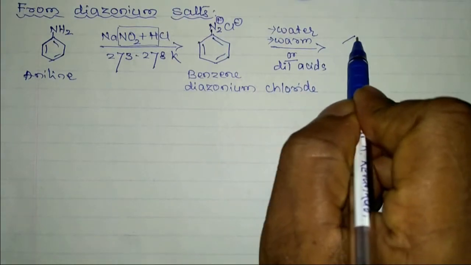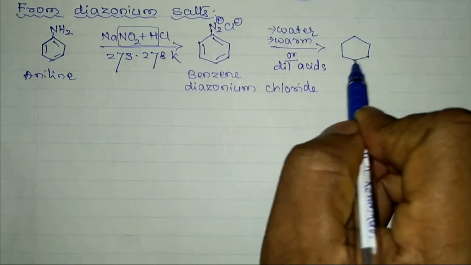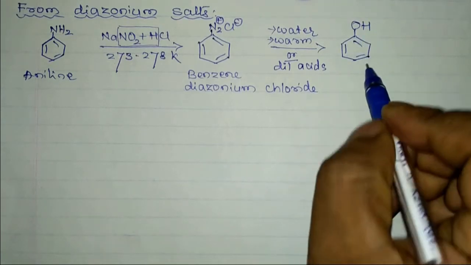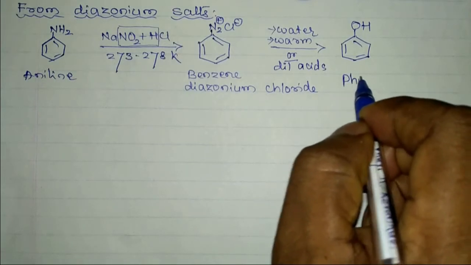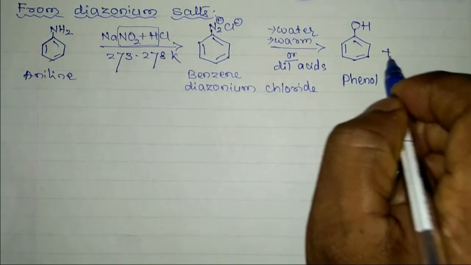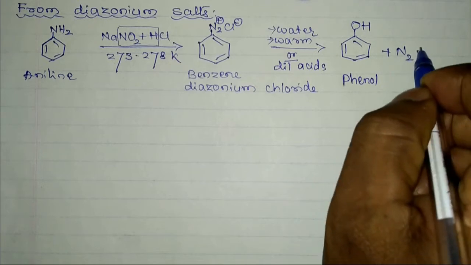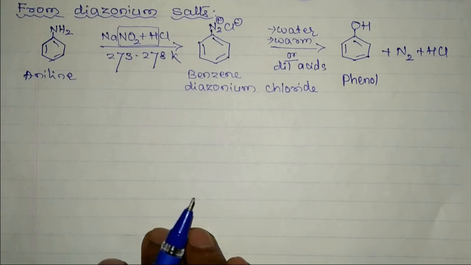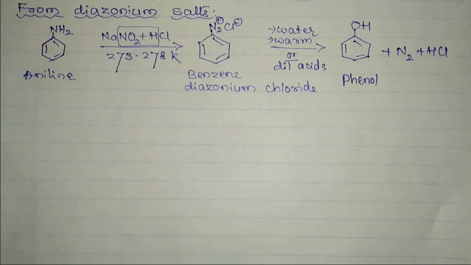You are going to get phenol. This is another method of preparation of phenol. Along with this, nitrogen gas is liberated and HCl is liberated. This is how we can prepare phenol starting from diazonium salts.